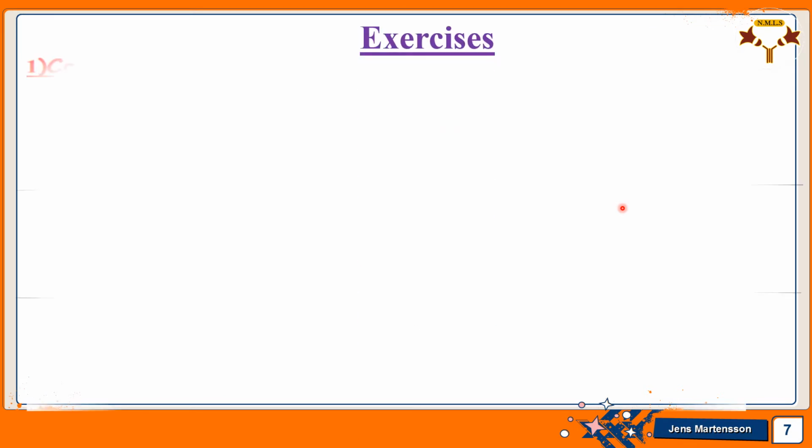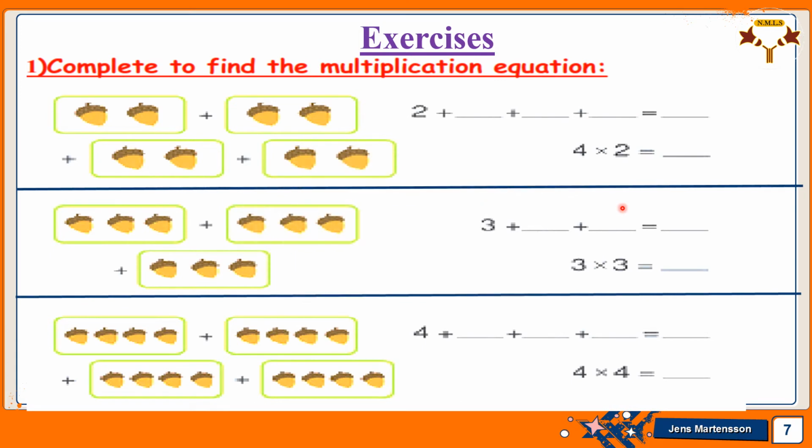Let's do some exercises. Number 1. The first, here we have 2 plus what? Plus another 2 plus another 2 plus another 2. So here the total number is what? 2 plus 2 plus 2 plus 2 equals 8.